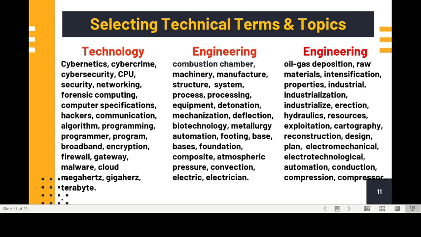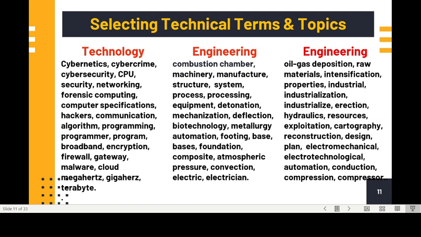So what I did, I just entered in Google technology terminology, engineering terminology, chemistry terminology, textile industry terminology. I also entered technology topics, engineering topics, textile industry topics, chemistry topics, economics topics, and so on.